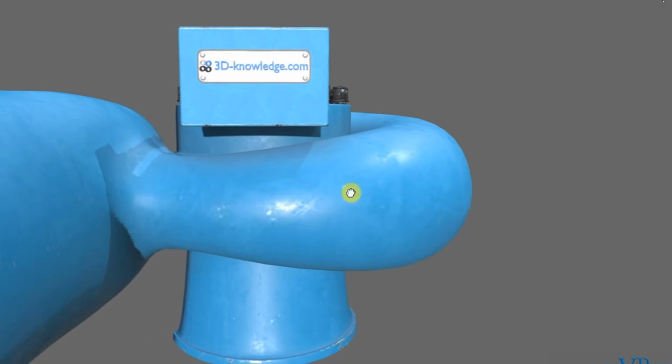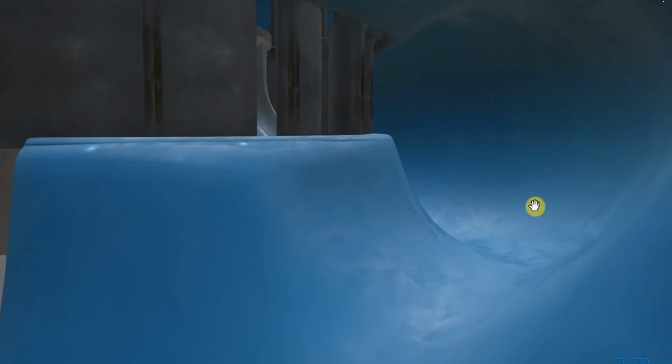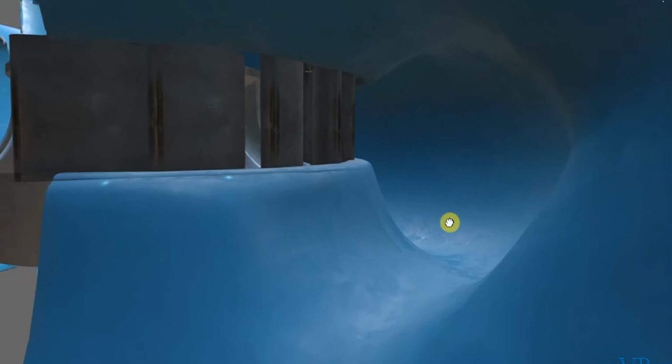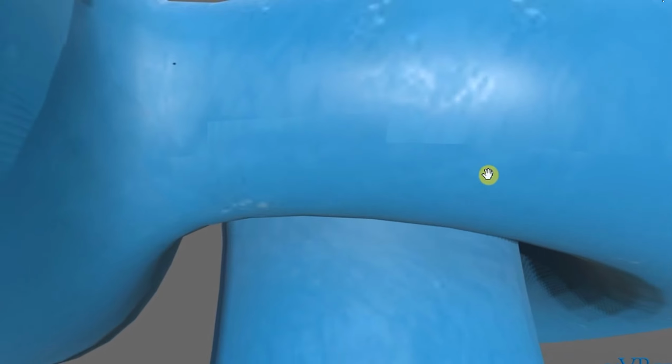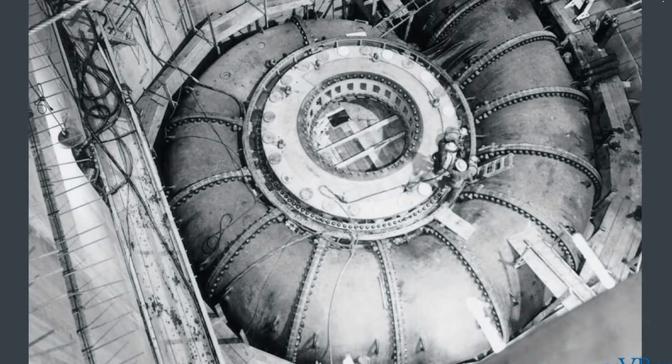But we can see the diameter of the water inlet here is very large. The diameter of the water inlet on this side gets gradually narrower as it comes around. So you can see that if we zoom out, you can see gradually narrower, but this ensures that all of the water is delivered evenly to the runner.